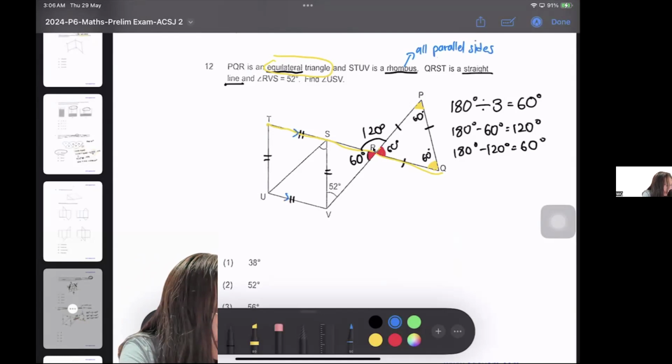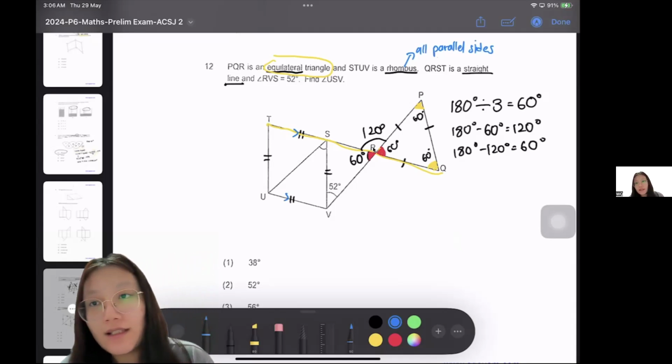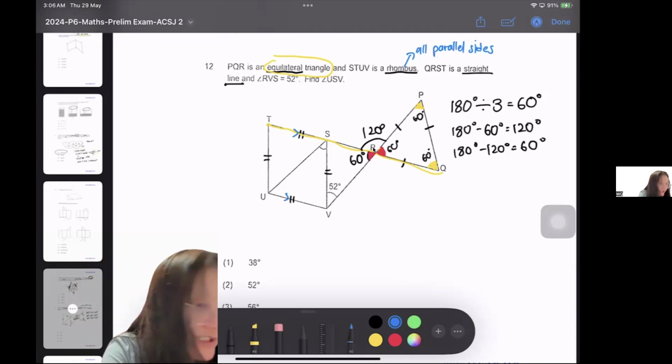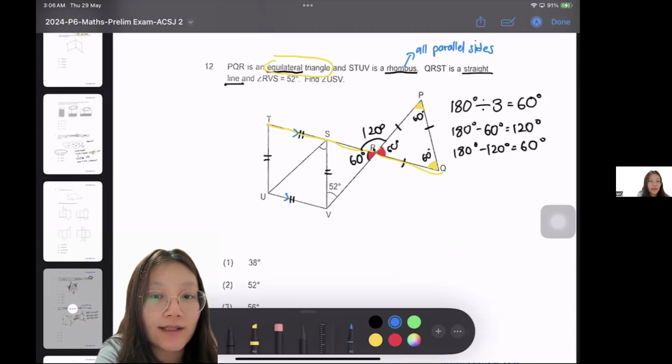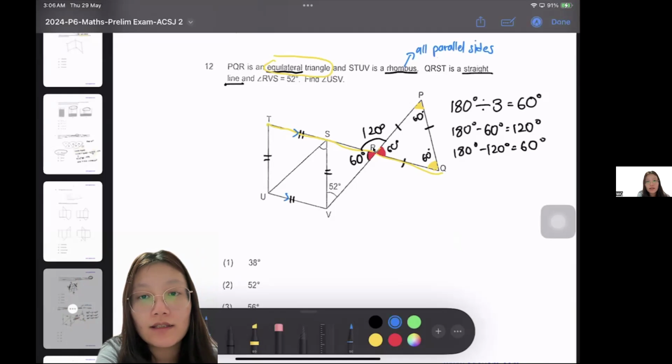As you can see, there are lines that are parallel, and what have you learned in a trapezium? TRVU looks like a trapezium. So what have you learned about angles between parallel lines? You have to know a property: angles between parallel lines add up to 180 degrees.